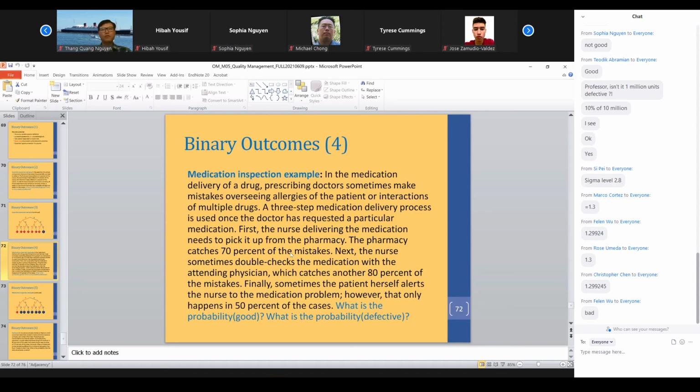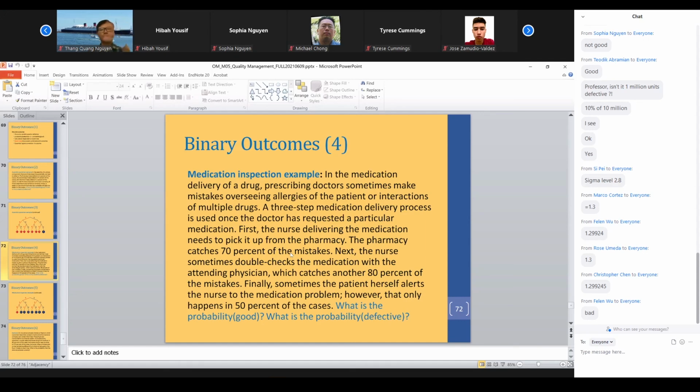So first, the nurse delivering the medication needs to pick it up from the pharmacy. The pharmacy catches 70% of the mistakes. Next, the nurse sometimes double checks the medication with the attending physician, which catches another 80% of the mistakes, right?